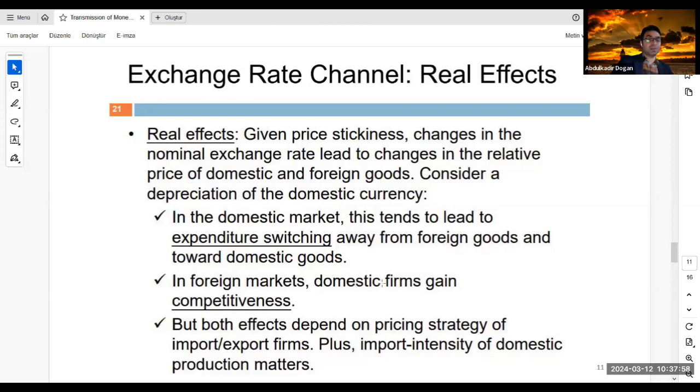In the foreign market, domestic firms gain competitiveness, because nobody will demand any international product. And because the demand for the domestic product will increase, domestic firms will gain competitiveness in the market. But both effects depend on the pricing strategy of the import and export firms, plus the import intensity of domestic production.